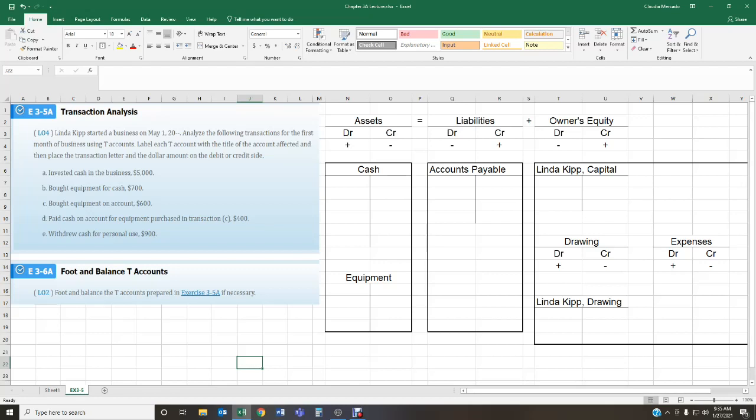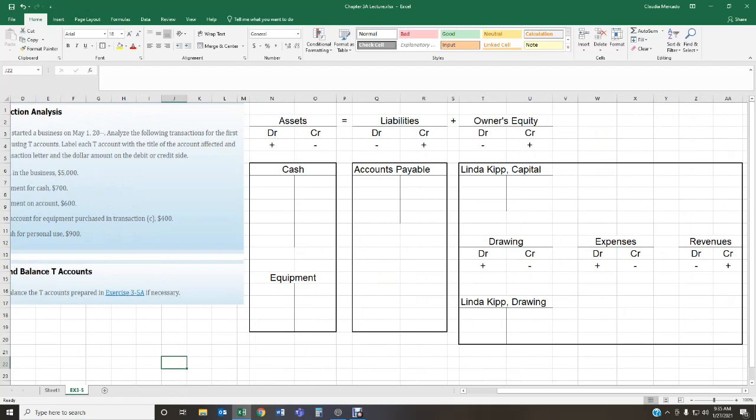Okay, so assets is anything that you own, liabilities is anything that you owe, and then owner's equity is your capital, and it's also composed of your drawing, your expenses, and your revenues. Okay, so we have a lot of things going on under your owner's equity section. Okay, so this is what the accounting equation looks like. I've already set it up for you, and then I've set up the different accounts that we're going to be using for purposes of time constraints. That way you know this is what we're going to be using.